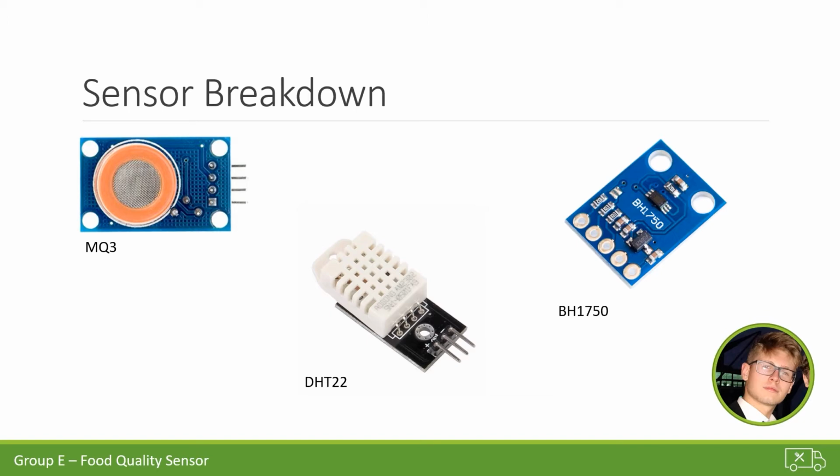The other 2 environmental factors for food storage, being temperature and humidity, are handled by the DHT22 sensor. The temperature is measured through a thermistor, and the humidity via 2 electrodes with moisture holding substrate between them. Ions are released by the substrates, and as the water vapour absorbs them, the conductivity increases between the electrodes, changing the resistance, which gives us our humidity value reading. Our last and most unique sensor is the MQ3, which is a metal oxide semiconductor that works as a chemiresistor.